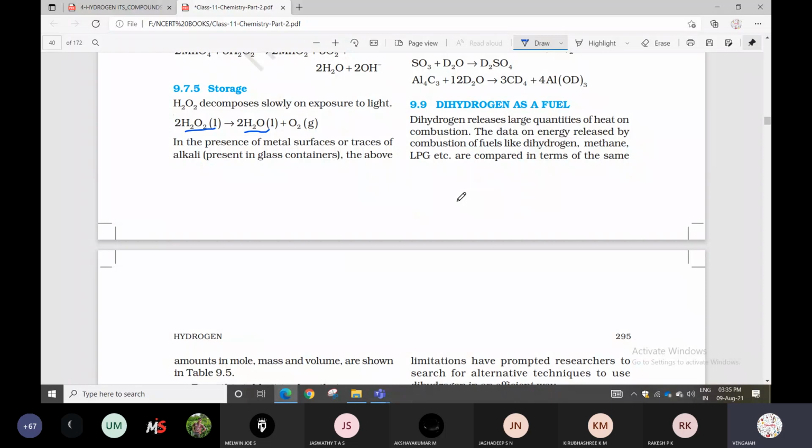They are compared in terms of the same amounts, in moles, mass and volume, in Table 9.5.